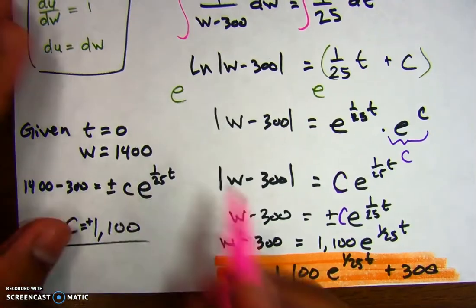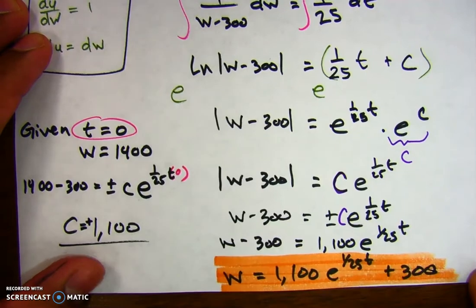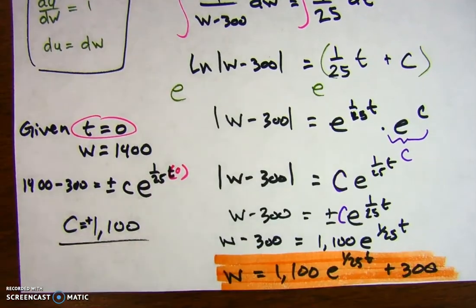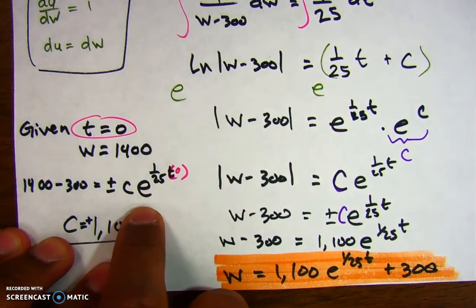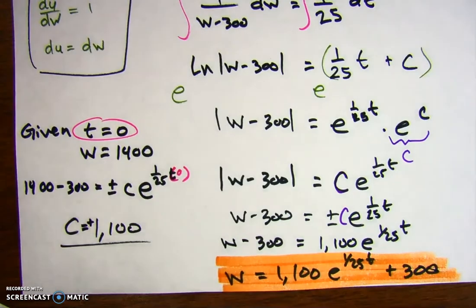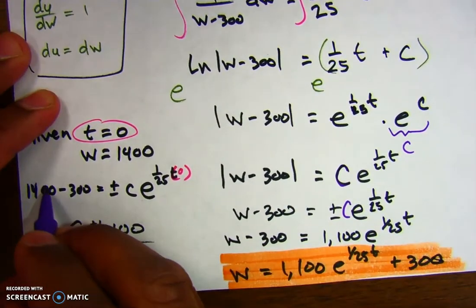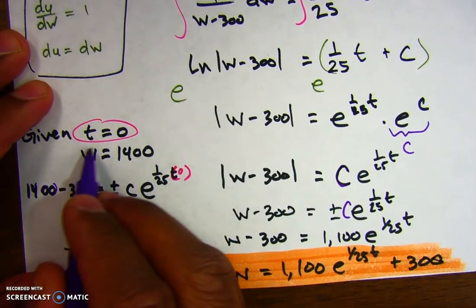So t in this little part should have been 0. So that's e to the 1 over 25 times 0, which is going to be e to the 0, or just 1. And 1,400 came from that.